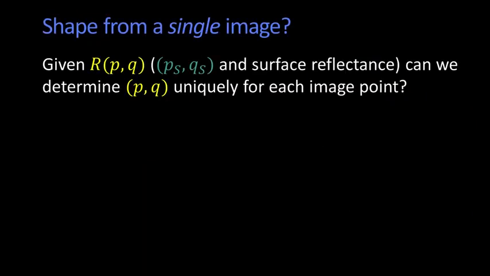How about shape from a single image? Given R of PQ, that means we know where the light source direction is and we know the surface reflectance, so we can eliminate that or assume it equals 1. Can we determine PQ everywhere, the surface orientation, uniquely for every image point?